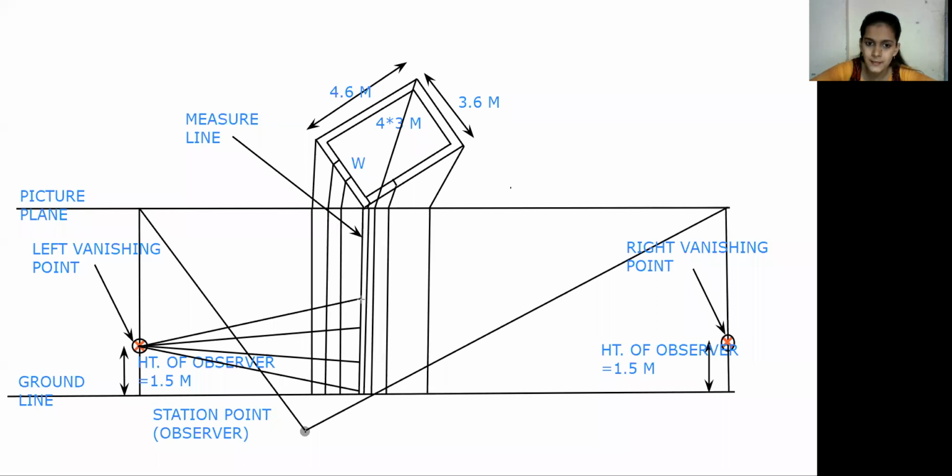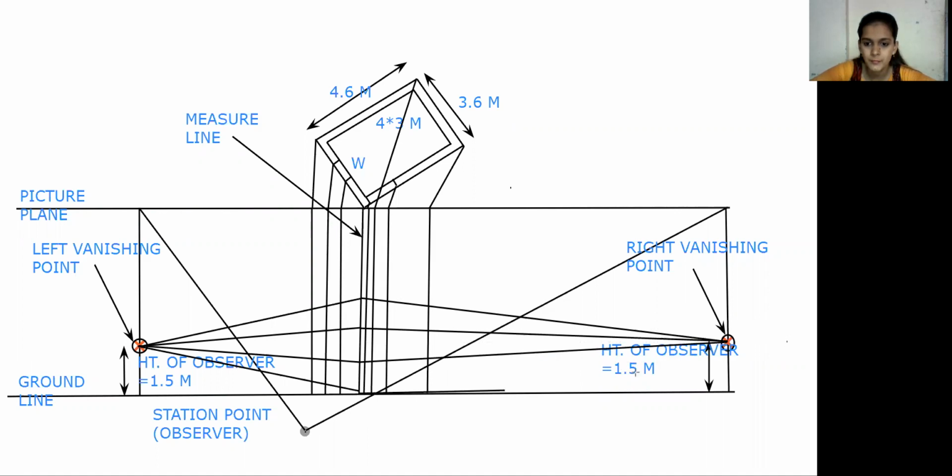And connect these 4 points with the right vanishing point also. So all the lines are drawn and your perspective view is also ready.